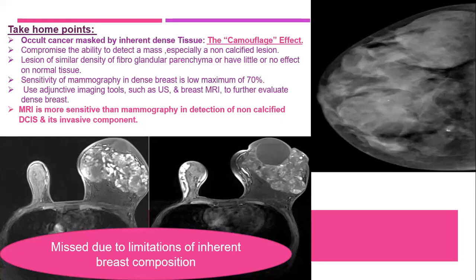And lesions having similar density to fibroglandular parenchyma, or having little or no effect on the normal tissue, will definitely be occult on mammography.